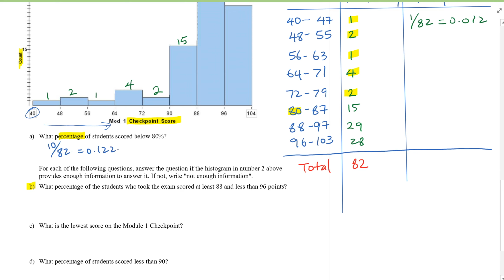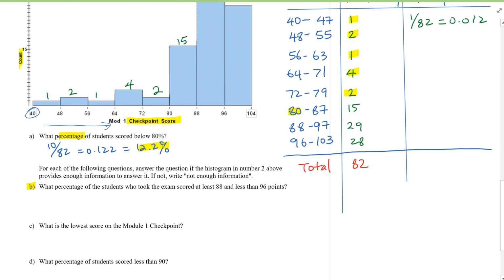If I want to convert that to percent, that will be 12.2%. So in a complete sentence, I would say 12.2% of the 82 students score below 80 on the exam, right? So again, write that in a complete sentence, but I'm going to skip the sentence part here. But this is how you compute it.